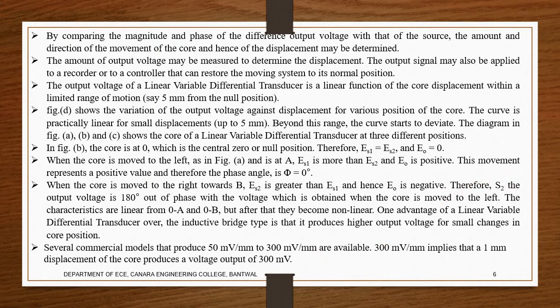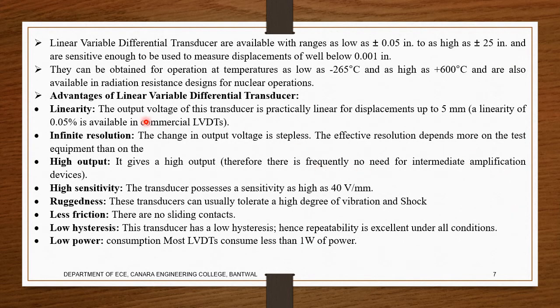Similarly, linear LVDTs are available in ranges as low as plus or minus 0.05 inches to as high as plus or minus 25 inches, and are sensitive enough to measure displacement of well below 0.001 inches.